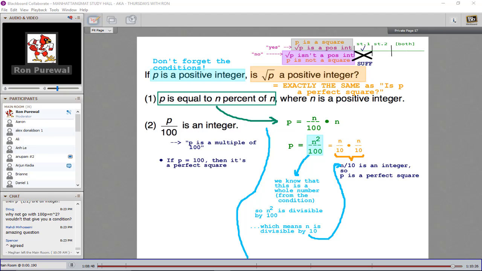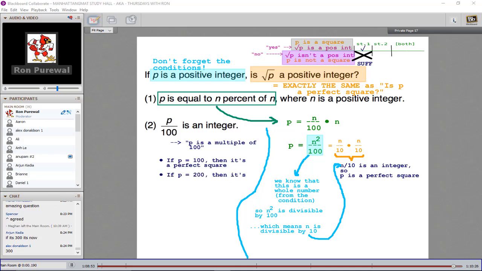But if P is like 200, then it's not. Or 300. That's enough to check the boxes. If it's 100, it checks the top box. If it's 200, it checks the bottom box. So this is not sufficient. And we don't need to combine them because statement 1 was sufficient. So that means that this is A, alligator.